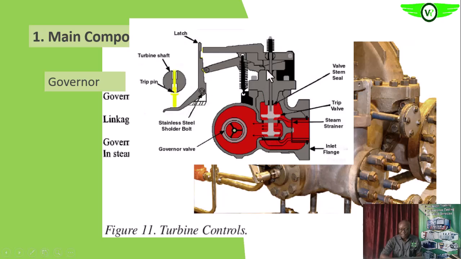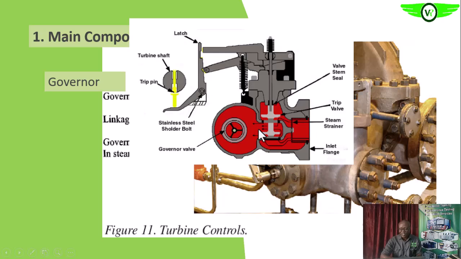Once this latch is lifted up, you see that this will open up. Once it opens up, the valve disc will lift, and that will allow steam through the steam intake to be administered into the turbine.